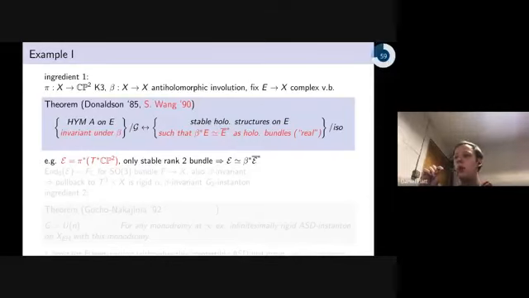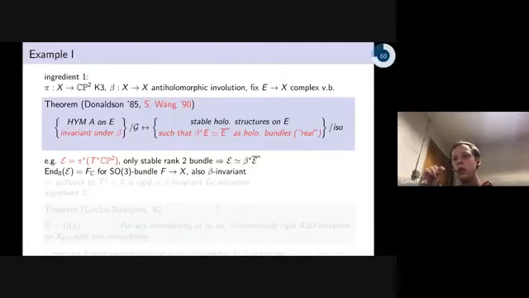And conveniently, we have such an example. Take curly E to be the bundle pi star of T star CP2. That's then the only stable rank 2 bundle over X. Because it's the only bundle, we must in particular have that beta star E bar star is the same as E. If your moduli space only has one point, then that point is a real point.